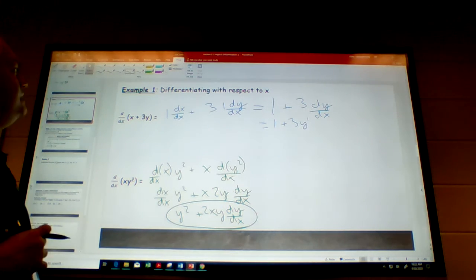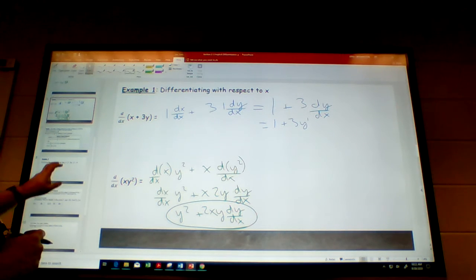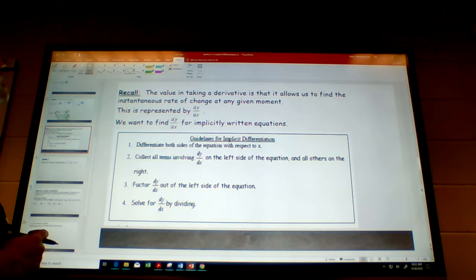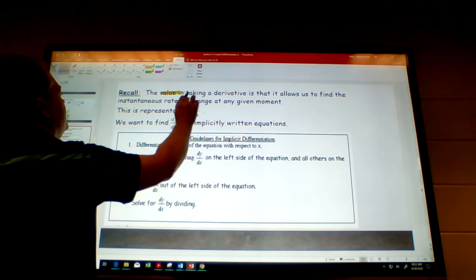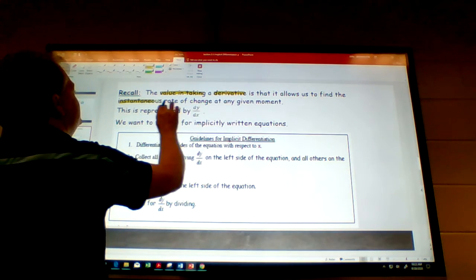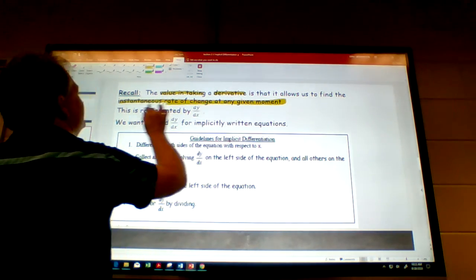All right. Now, if you recall, the value of taking a derivative is that it allows us to find the instantaneous rate of change. That's what derivatives are all about. The value of a derivative is the instantaneous rate of change at any given moment.